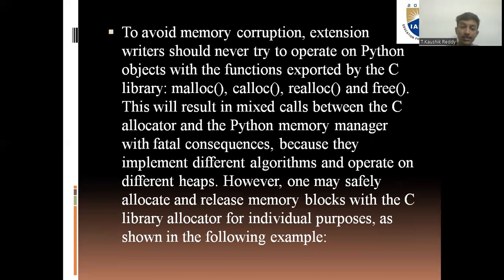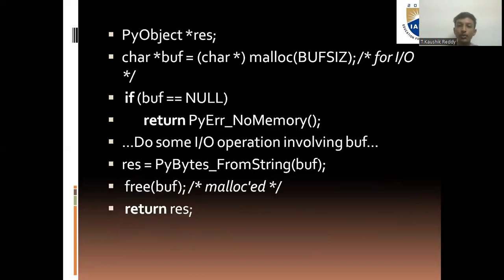However, one may safely allocate and release memory blocks with the C library allocator for individual purposes, as shown in the following example. So we have an example for memory management in Python.